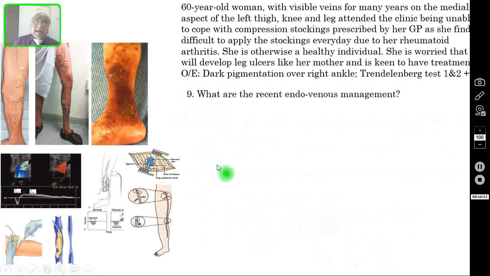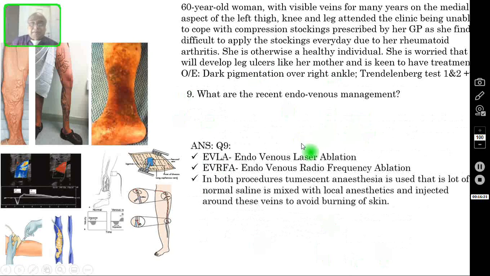Question number 9. What are the recent endovenous managements or recent advances in the treatment of varicose vein? The correct answer is EVLA, that is endovenous laser ablation. Here you can use a laser, or endovenous radio frequency ablation.